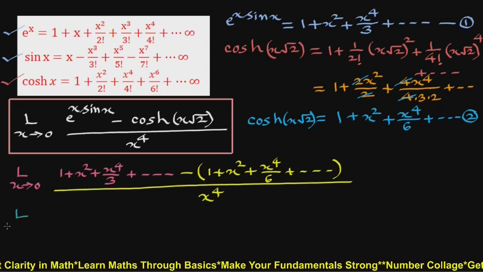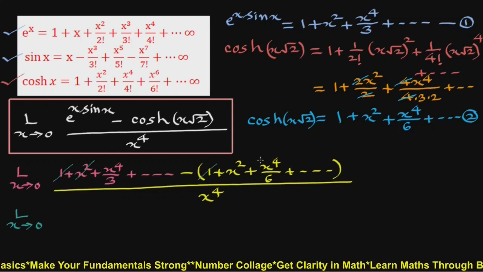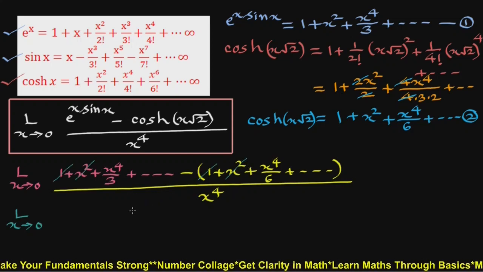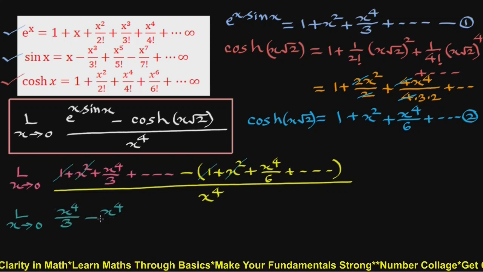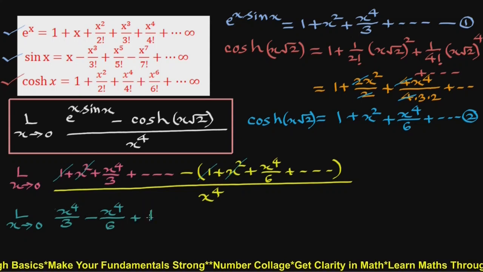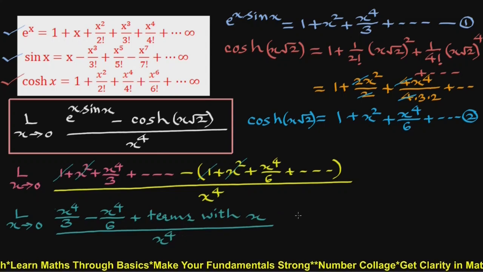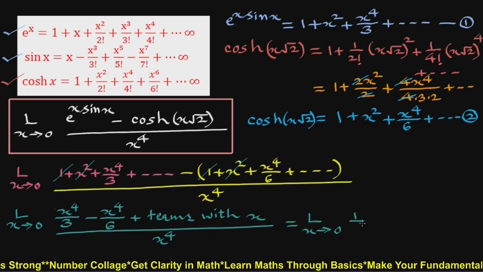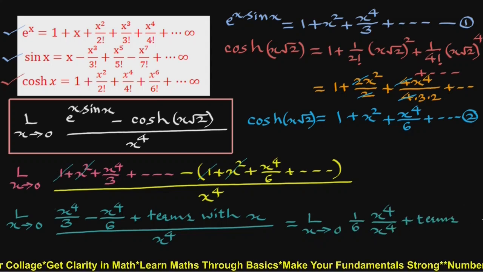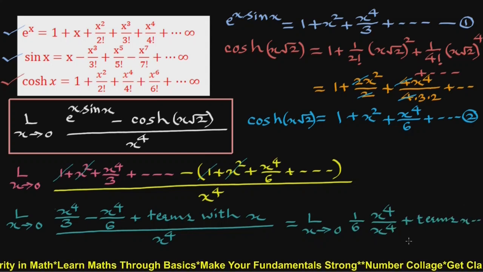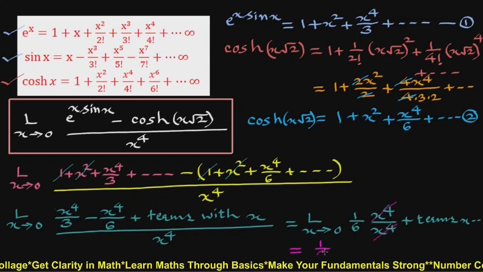This is the limit as x tends to 0 of 1 minus 1, 0; x square minus x square, 0; x raised to 4 upon 3 minus x raised to 4 upon 6, plus terms containing higher powers of x, upon x raised to 4. Which is 1 upon 6 x raised to 4 upon x raised to 4 plus terms of x, so on and so forth. Cancelling x raised to 4, the value of the limit will be 1 upon 6.